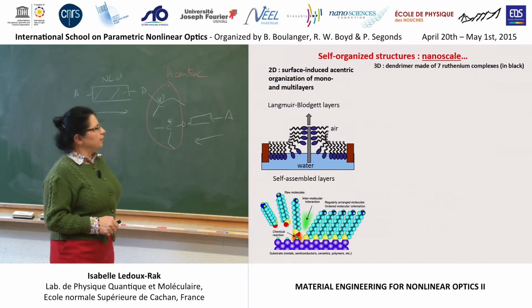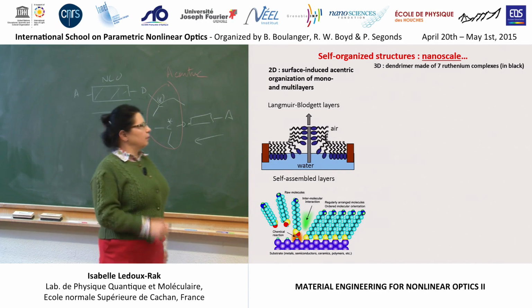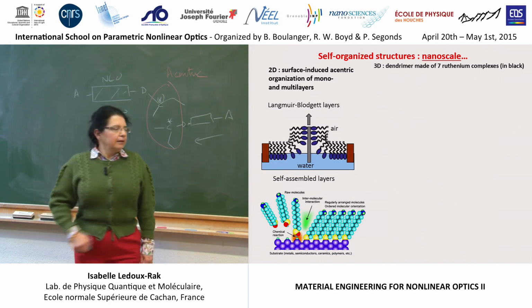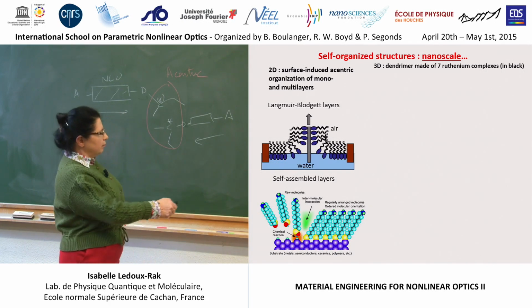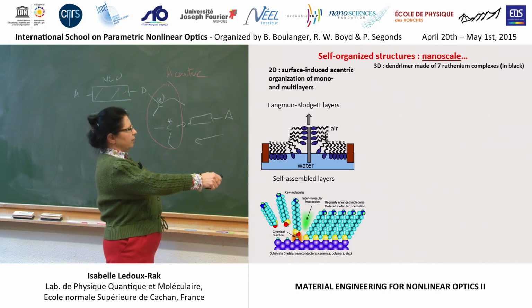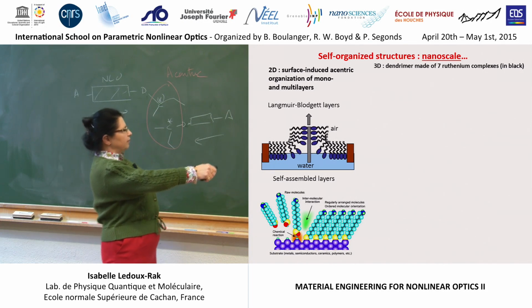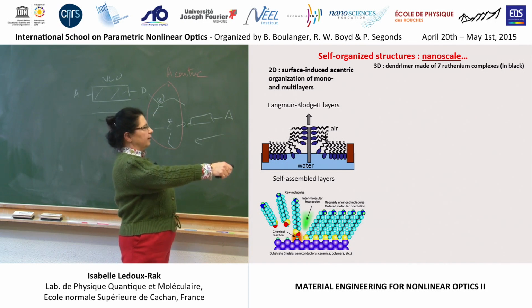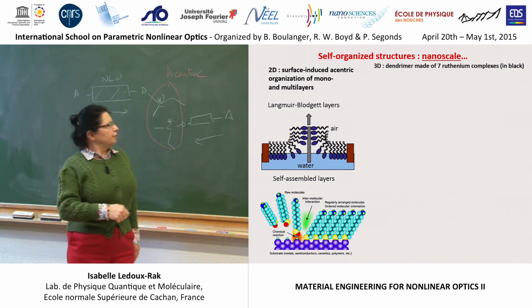This was found a long time ago in Langmuir-Blodgett layers, where Langmuir and Blodgett found a way to transfer Langmuir layers of amphiphilic molecules at the interface between water and air onto a hydrophilic substrate.